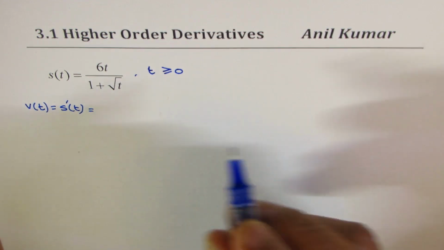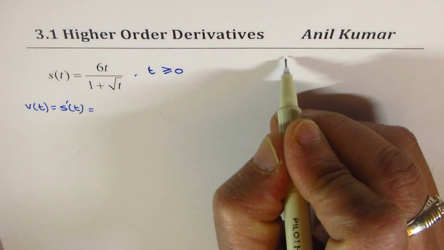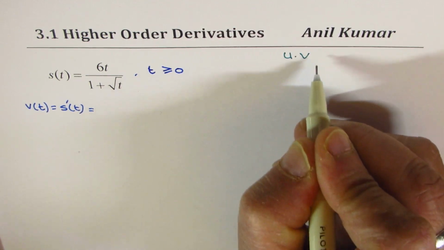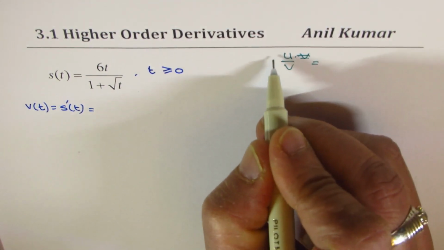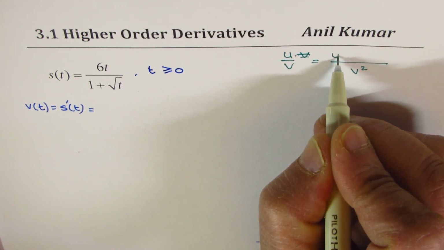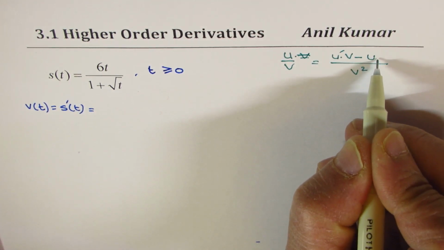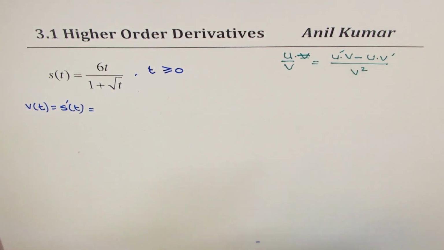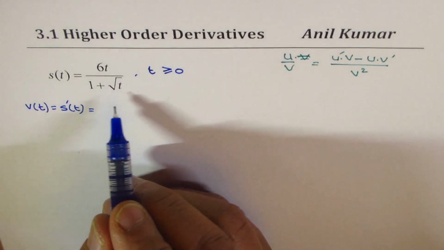Applying the quotient rule, which you remember, is kind of like this. If we have a function u over v, in that case, the derivative of u over v is v square, derivative of the first function times v minus u times derivative of the second function, correct? So in short, just a small reminder.